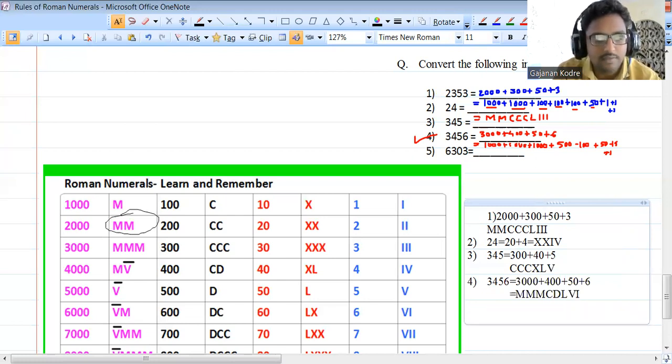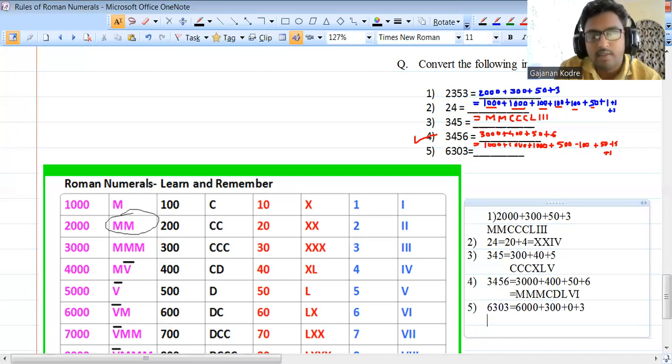And the last, fifth one. The number is 6303. The expanded form of it is 6000 plus 300 plus 0 plus 3.